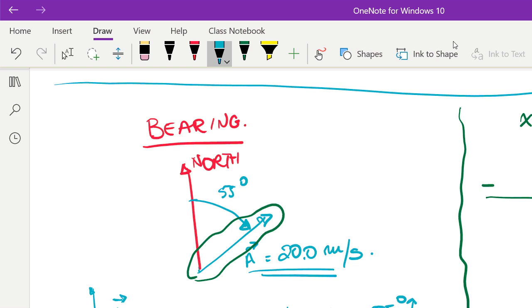So now when we are describing this vector using the positive x-axis, we'll say 20 meters per second at 35 degrees with the positive x-axis. Again, we are talking about the same vector, but in two different ways to describe this vector.